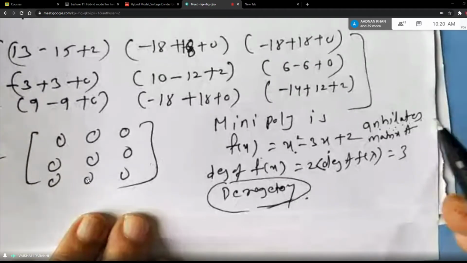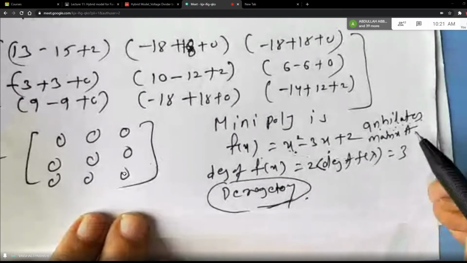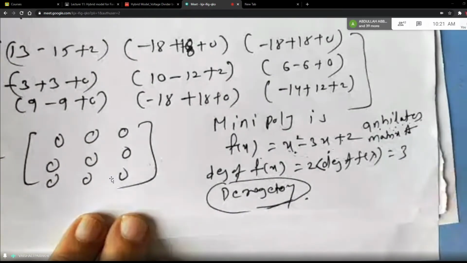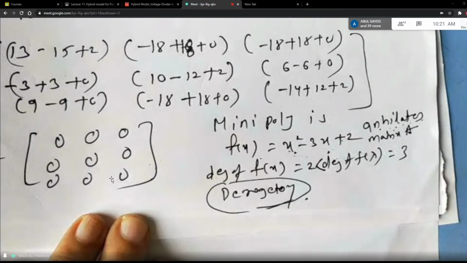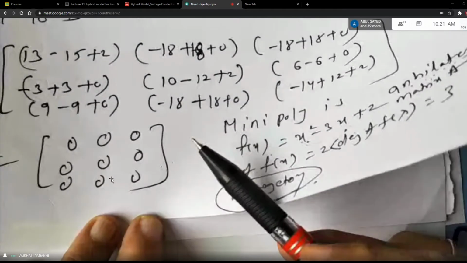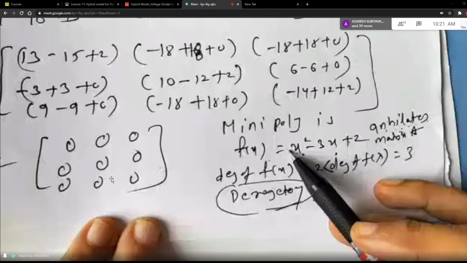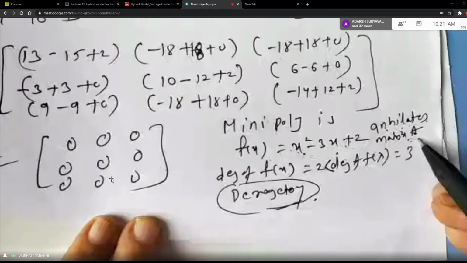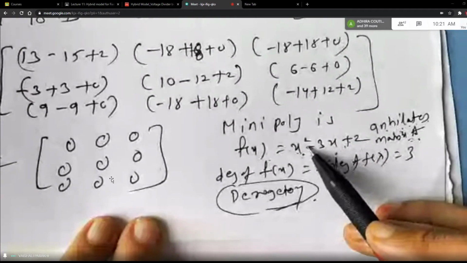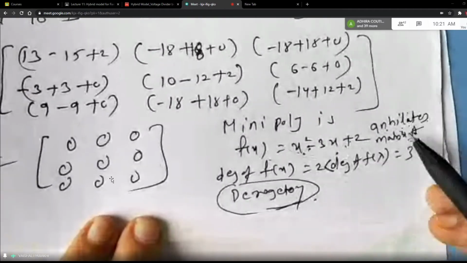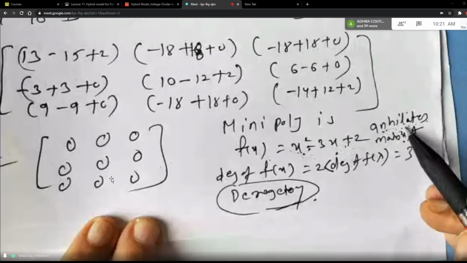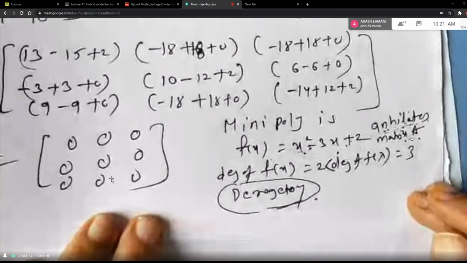What is meaning of this? When you replace x by A, the equation gets satisfied. That is, you get the right hand side as the null matrix, which we have seen just now. So whenever that particular equation is satisfied by matrix A, we say that this polynomial annihilates matrix A. So this word is coming in the definition of minimal polynomial.